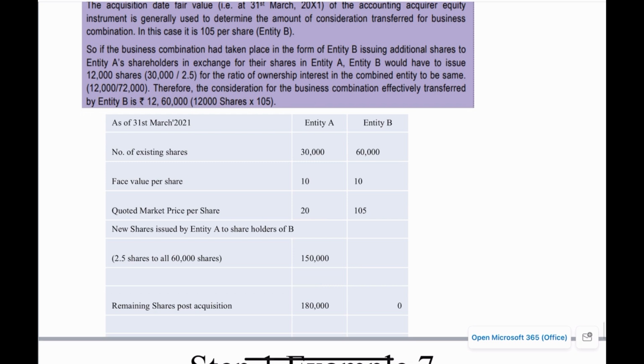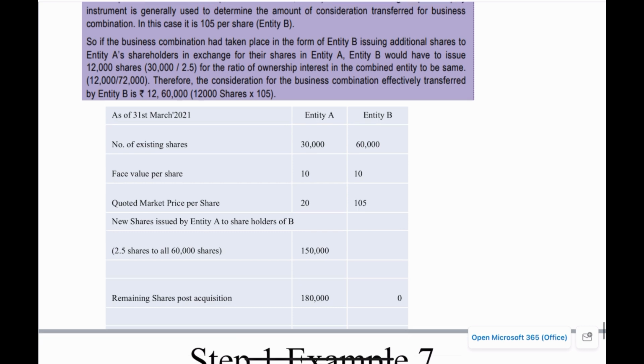So basically we have entity A and entity B, and the number of existing shares is 30,000 in case of entity A and 60,000 in case of entity B, and the face value of both entities is rupees 10 per share. However, it is given that the market price of entity A is 20 per share, but the market price of entity B is 105 per share.